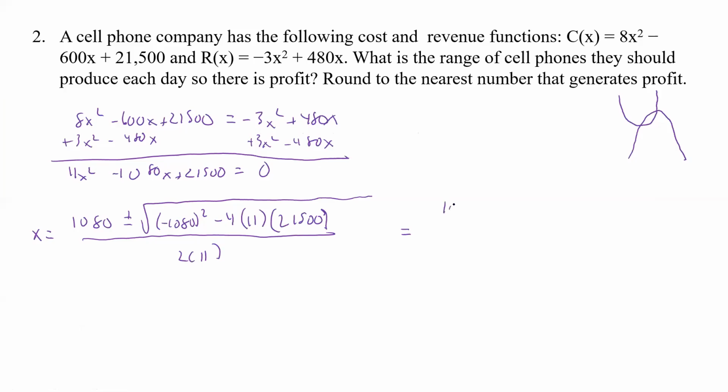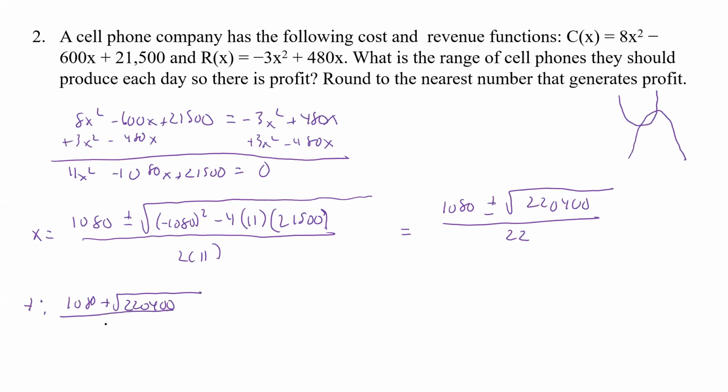So it's going to be 1080 plus or minus the radical of 22,400, and like I said, I knew that was 22. So we're going to have 1080 plus that divided by 22, and 1080 minus that divided by 22.